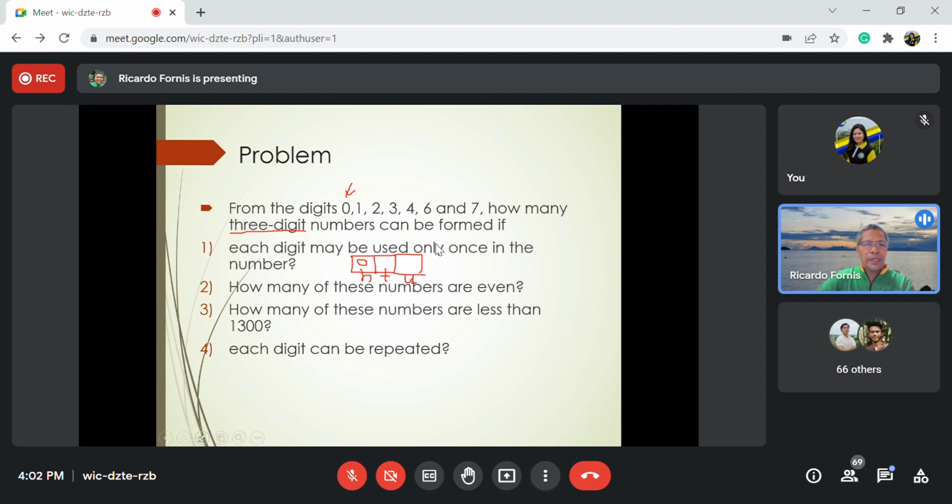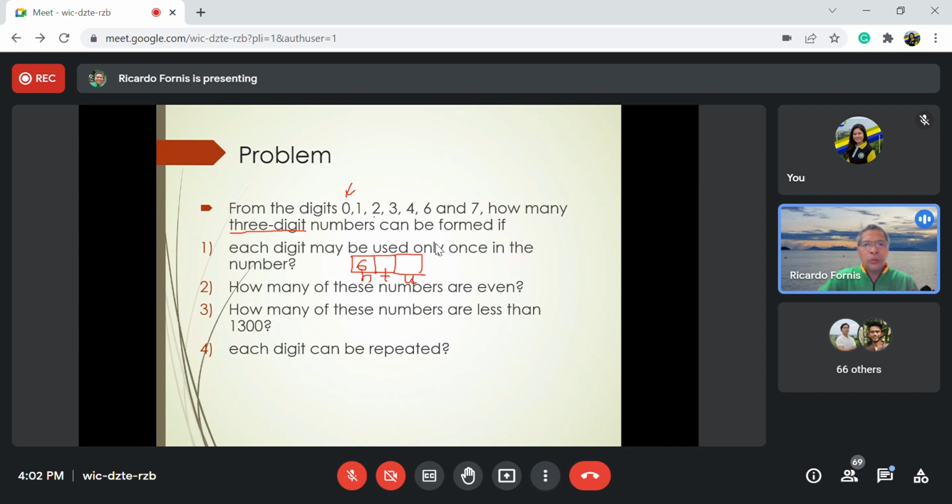If that is the case, due to such limitation, of the 7 candidates, only 6 candidates are allowed here. It could be 1, and we are talking of a 3-digit number beginning with 1.